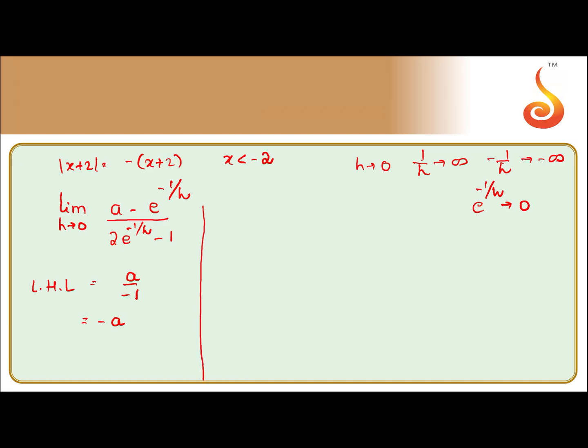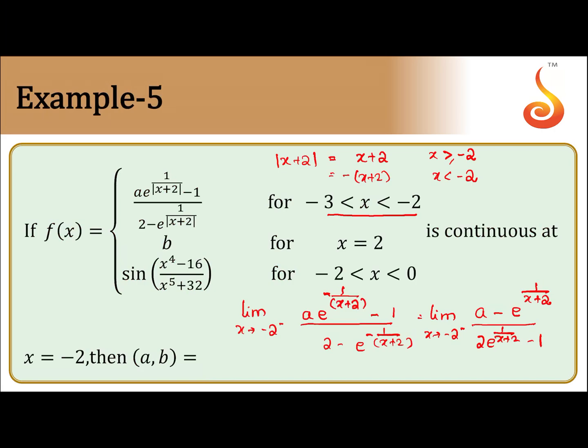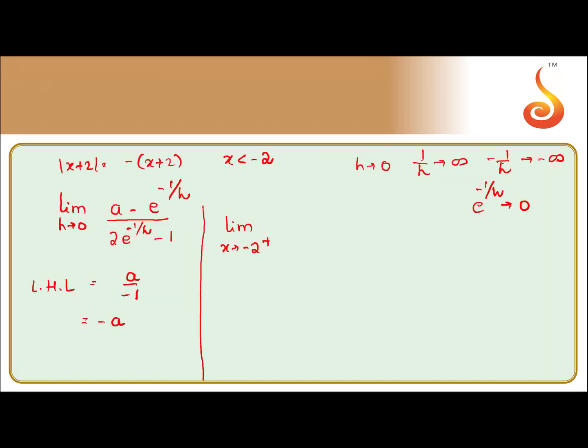Now, observe the right hand limit. So, right hand limit is limit x tending to minus 2 plus. They have given as sin of x to the power 4 minus 16, divided by x to the power 5 plus 32. Simple problem of factors.